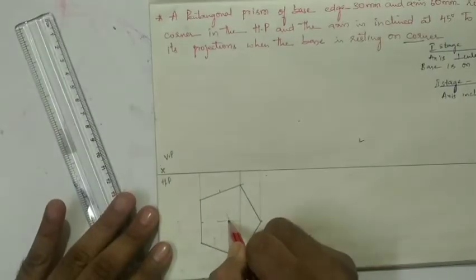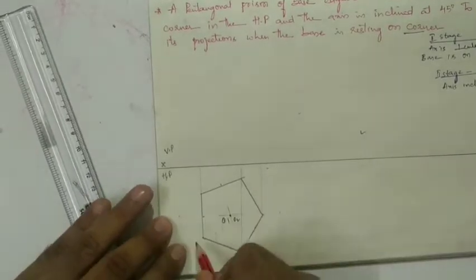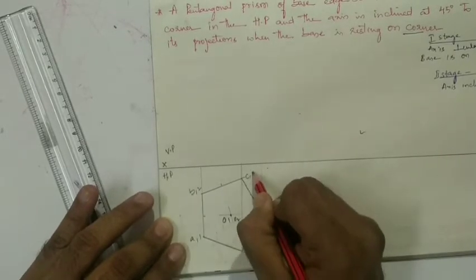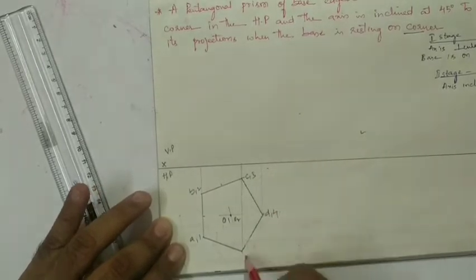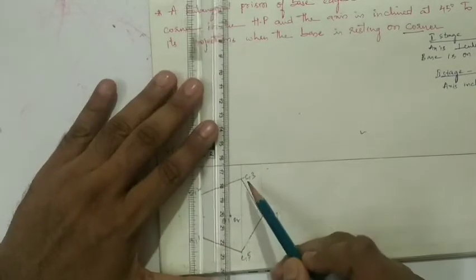This is my center point O1, O2, and give the labeling according to your convenience: A, 1, B, 2, C, 3, D, 4, E, 5. Then draw the projection lines.